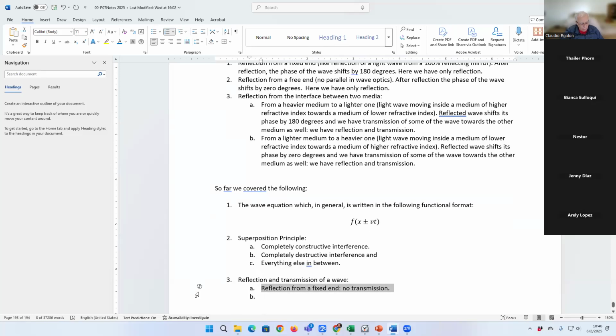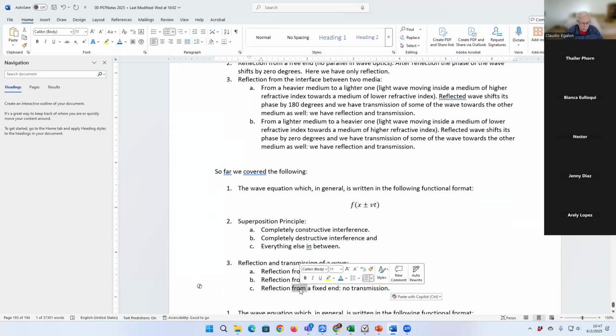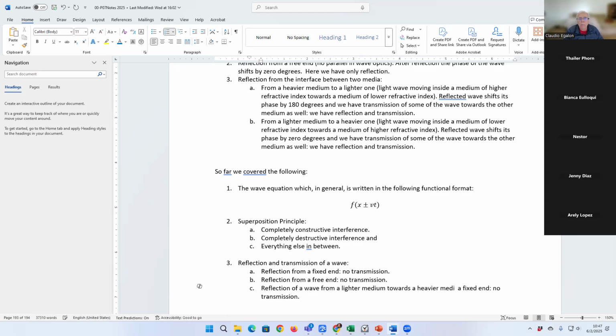Reflection from a free end, no transmission. Reflection from a lighter medium, reflection of a wave from a lighter medium towards a heavier medium.